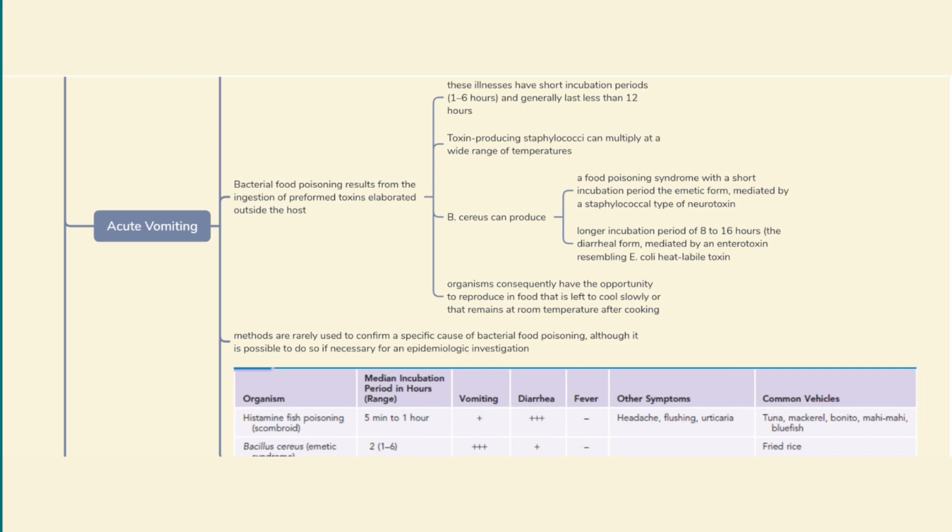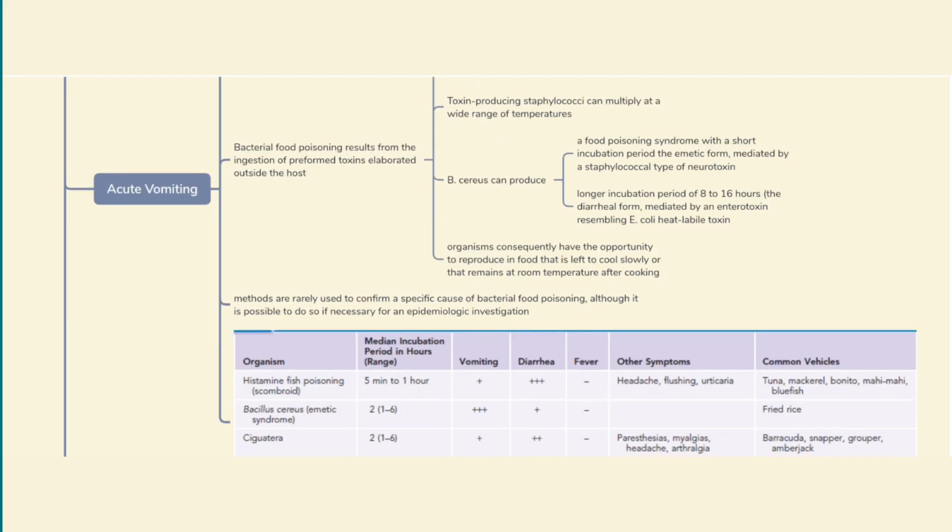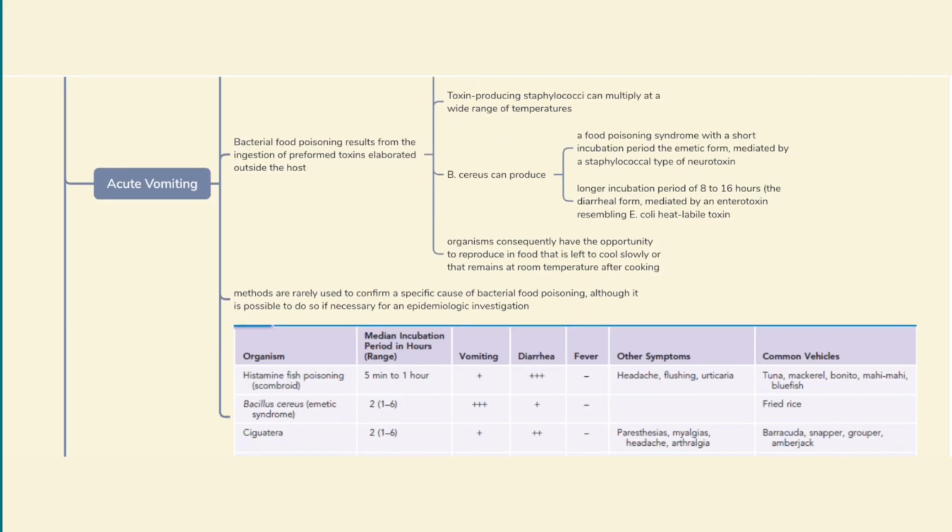The difference is that this enterotoxin will have a specific effect on our gastric cells, while the neurotoxin will have a specific effect on the nerve endings that control our gastric cells. Since it is heat labile, preparing the food with heat will destroy this toxin.